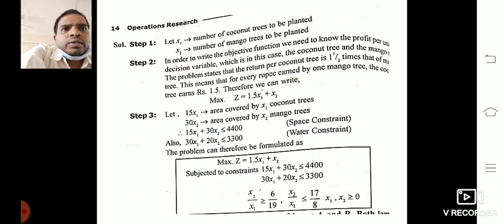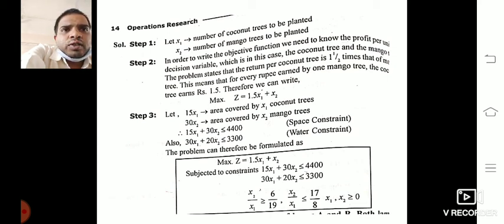15x1 is the area covered by x1 coconut trees, and 30x2 is the area covered by x2 mango trees, so we can write, with the total available maximum being 4400, 15x1 plus 30x2 less than or equal to 4400.